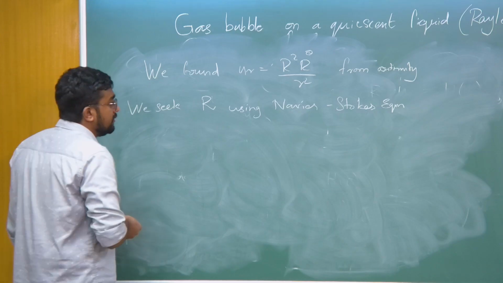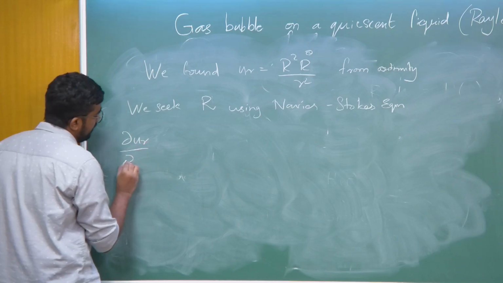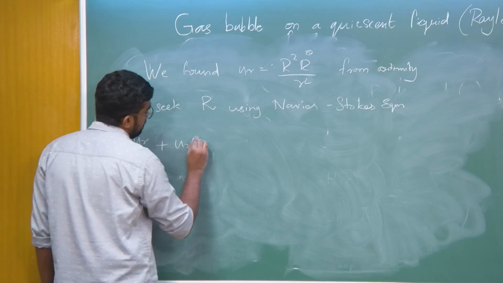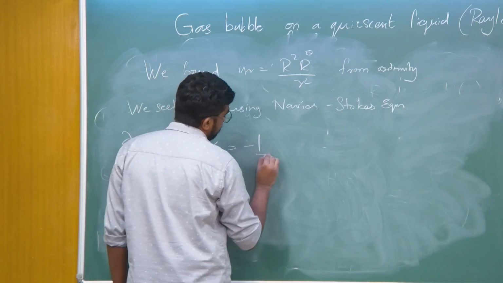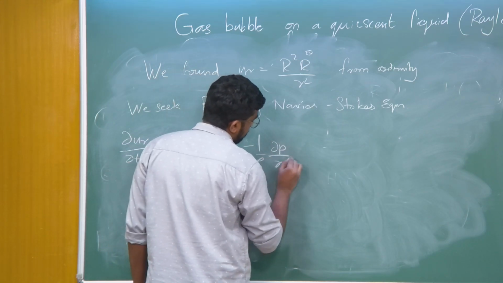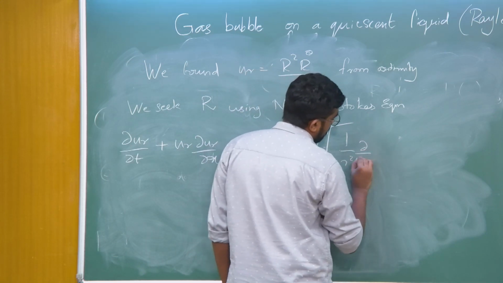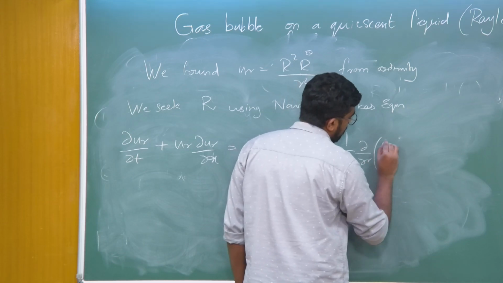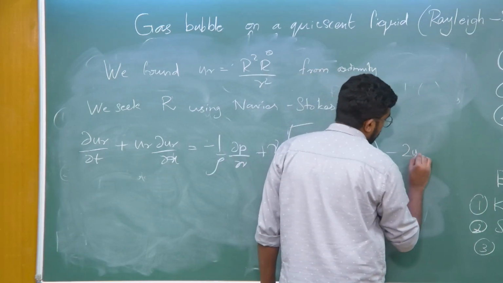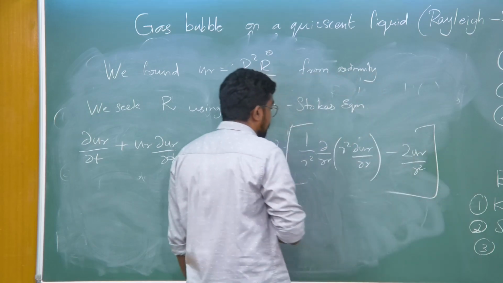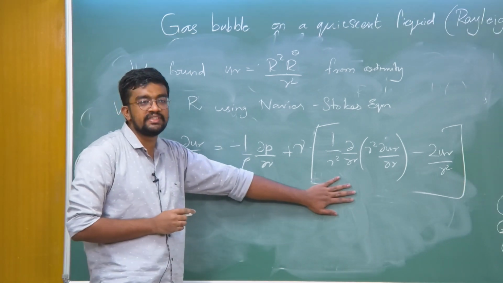Coming to Navier-Stokes, the radial Navier-Stokes equation in spherical coordinates is given by this. I have removed all the u theta and u phi components in the radial Navier-Stokes equation.